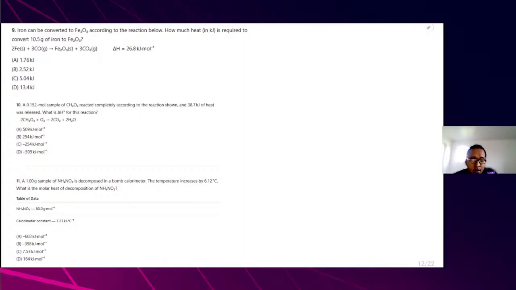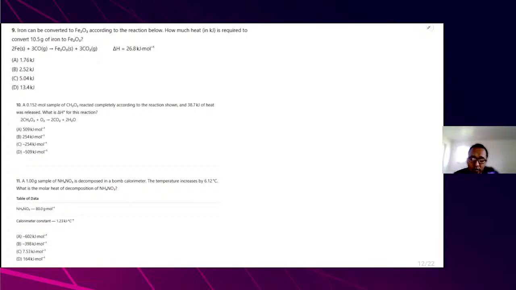Now iron can be converted to Fe2O3 according to the reaction below. How much heat in kilojoules is required to convert 10.5 gram of iron to Fe2O3?